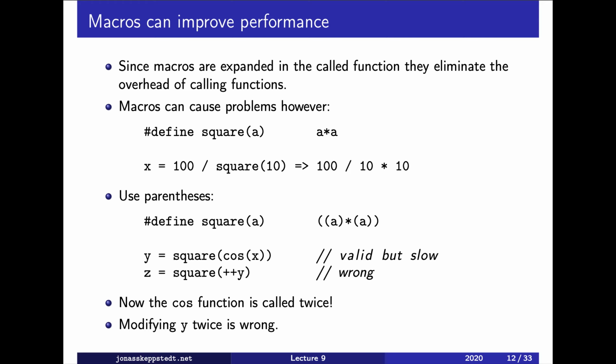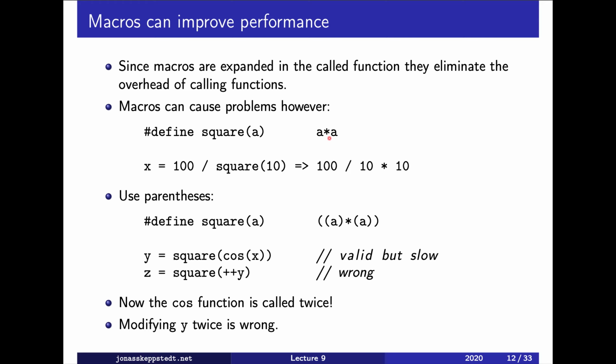And another reason why we should not use macros, well, maybe it's a bad reason, because we should not create bugs, but if we use them in the wrong way, as I will show here, we get the wrong result. So say we want to divide 100 by the square of 10, we should get 1.